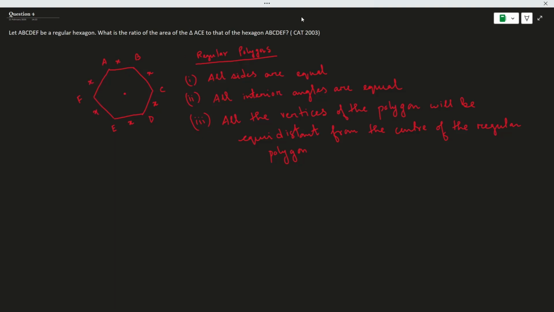And these are the vertices A, B, C, D, E and F. Now these vertices are equidistant, which means they are at an equal distance from the center.